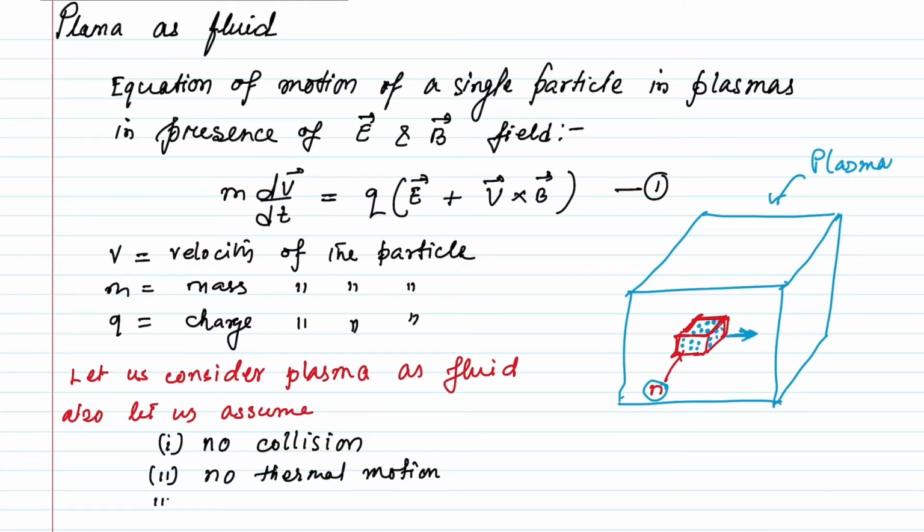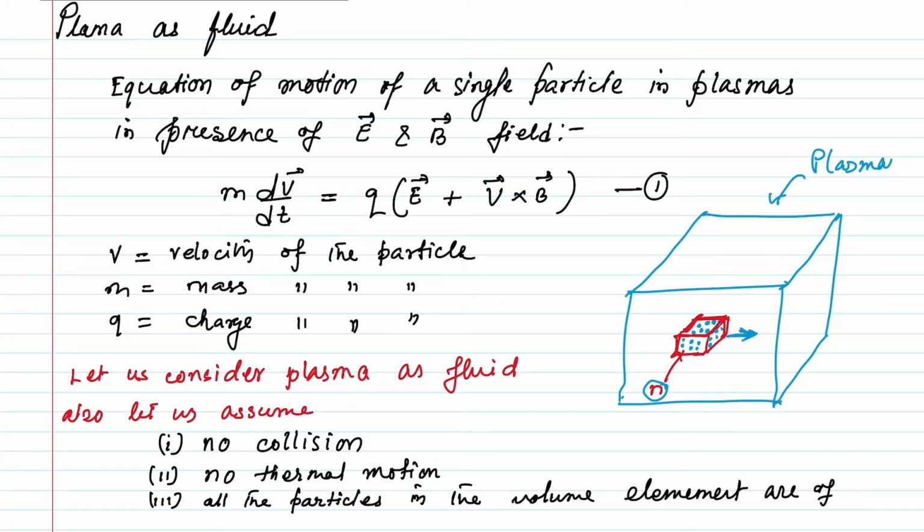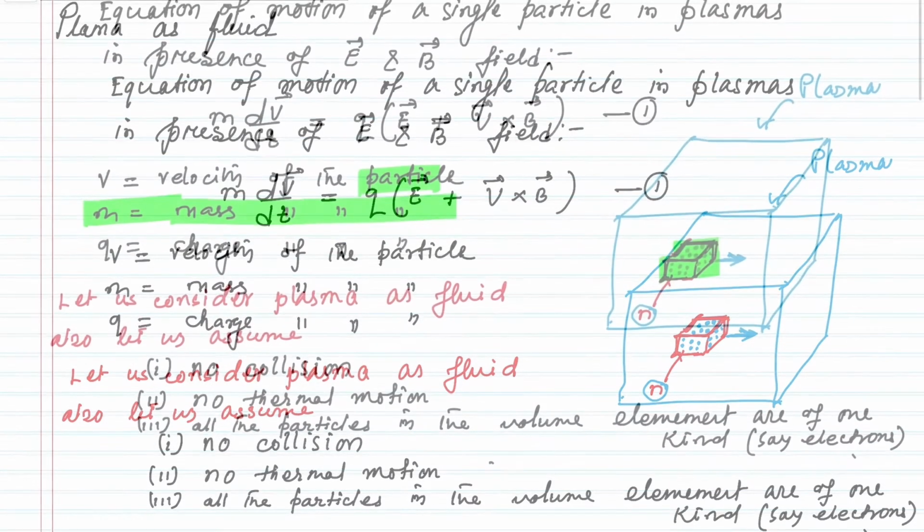Number 3, all the particles in the volume element are of one kind, say electrons. We have considered all are electrons.